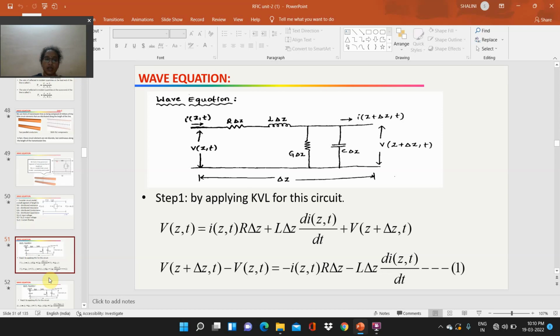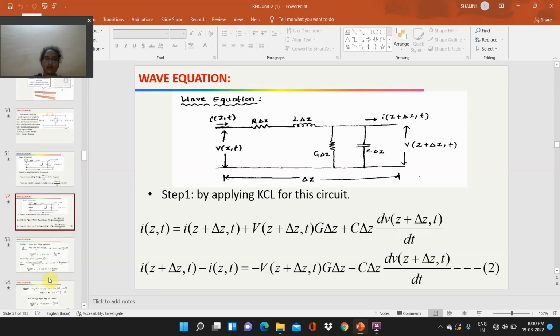And now we are applying KCL for this circuit.